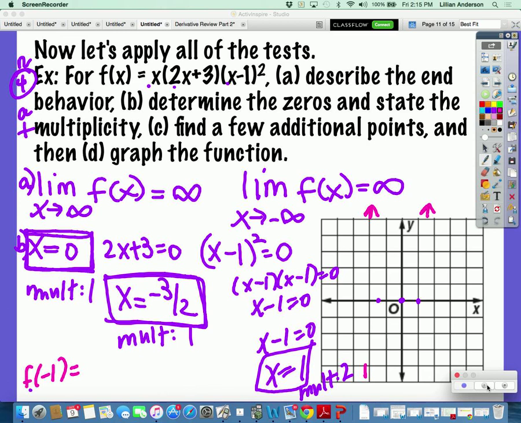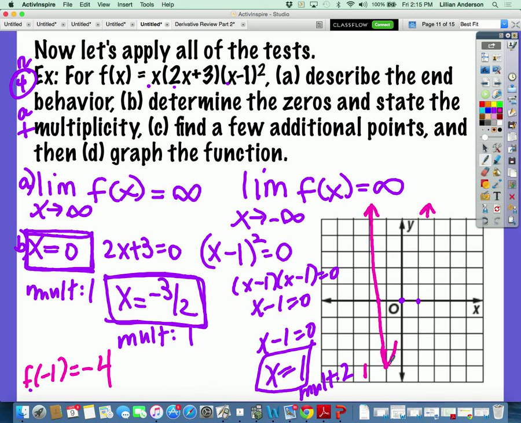What did you guys get? You should get -4. So when x is -1, y is -4. So we know it comes from positive infinity, crosses at -3/2, and goes to -1, -4.